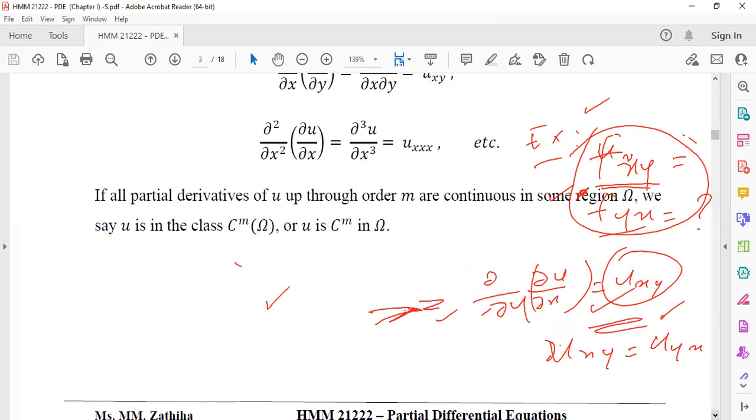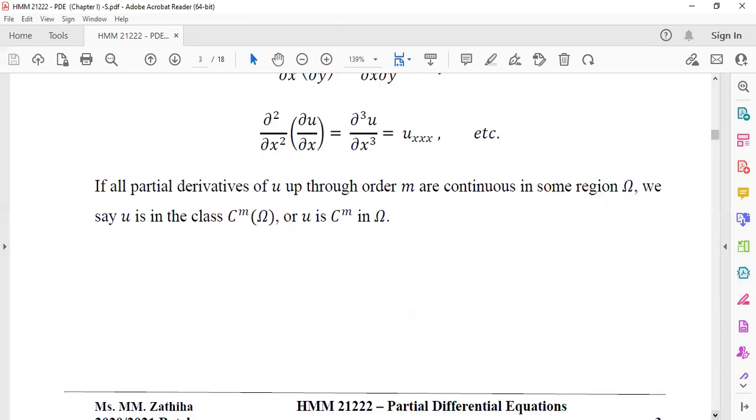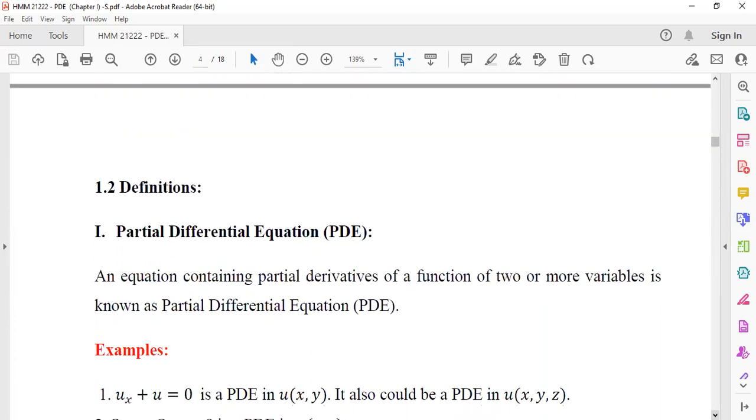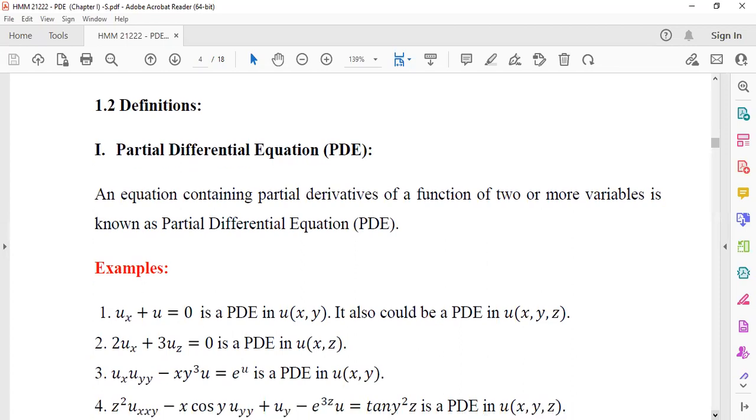Next, I clearly explained each thing, so I don't need to go through it again; you can go through it again yourselves. We had the definition of partial derivatives, the derivative of a function of two or more variables.